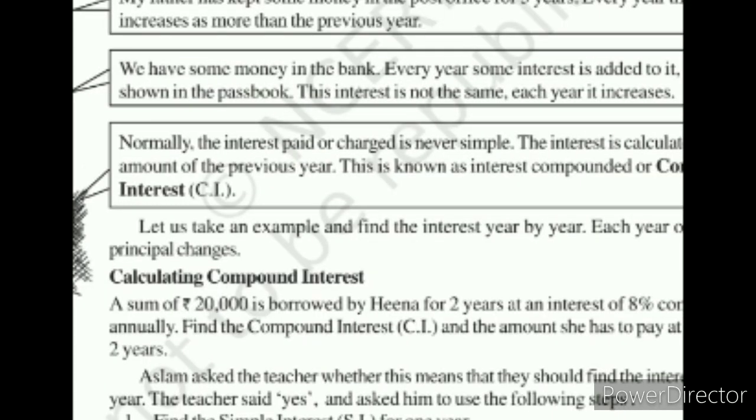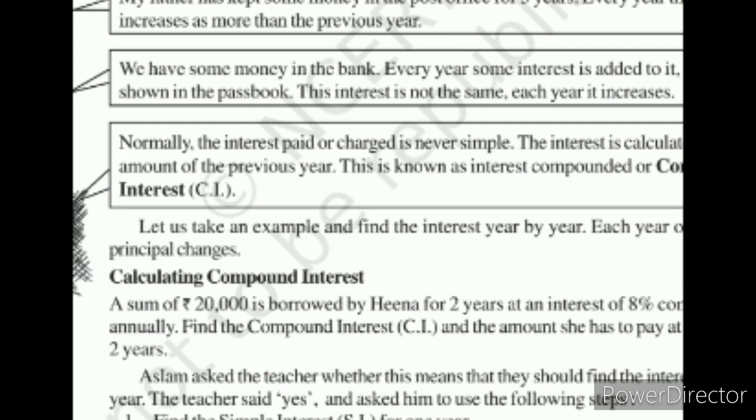When we calculate simple interest, the principal is the same for all the years. For example, a person is borrowing 10,000 for 3 years at 2% interest. All the 3 years the principal will be 10,000 only.